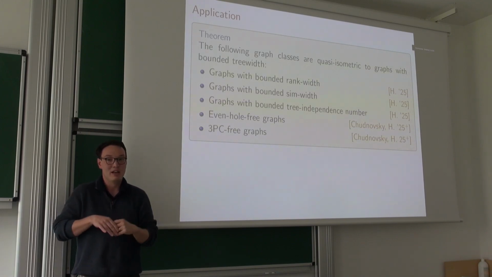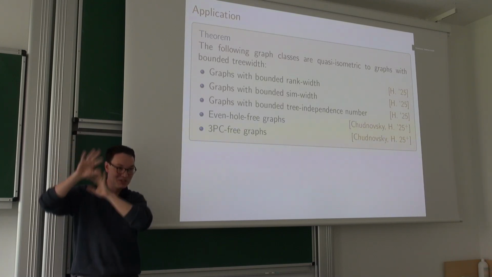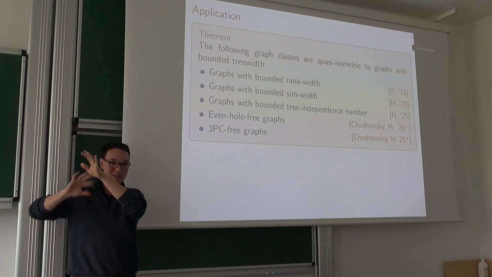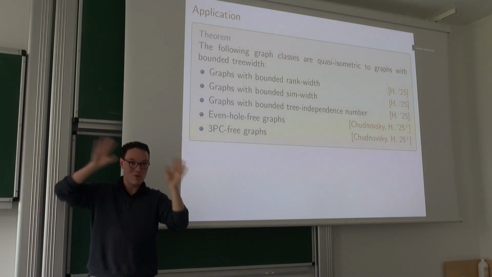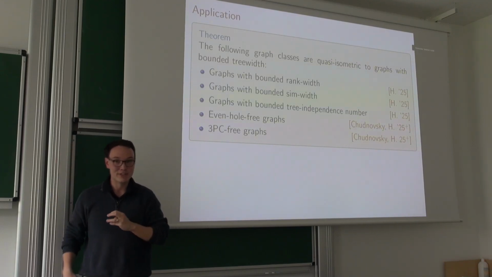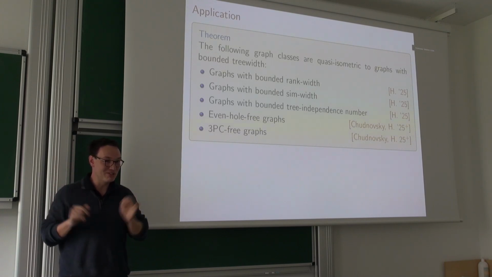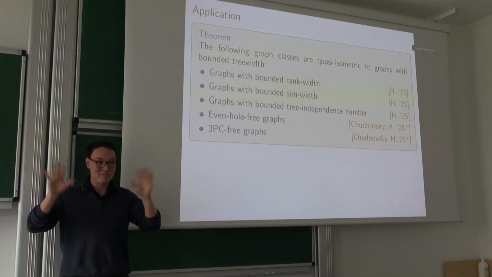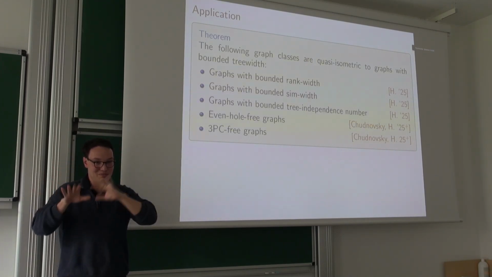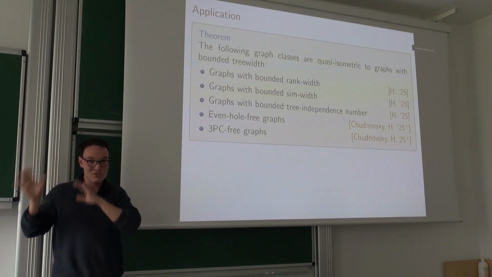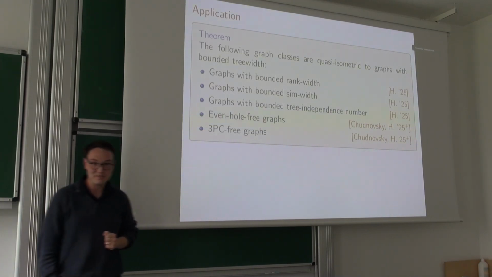If you have a balanced separator consisting of a bounded number of balls of radius 1, and you exclude a complete bipartite graph as an induced subgraph, you can show that you're quasi-isometric to a graph of bounded tree width, proving a coarse version of this classical balanced separator result. I'll be a bit hand-wavy as to what's going on there, but once you have that characterization, this tool, you can use known results to deduce these two properties.